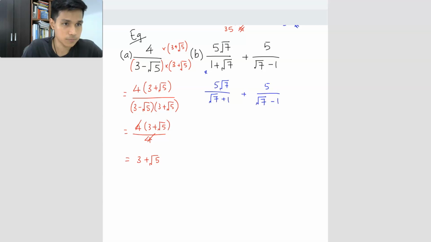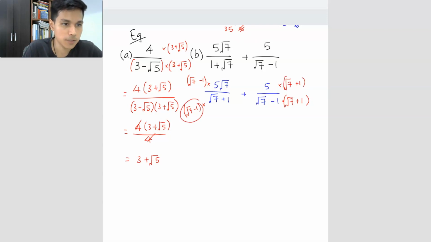So what you can do is multiply this side by surd 7 minus 1, and here also times surd 7 minus 1. Here you have to do what? Plus, surd 7 plus 1, because here is minus. And then here you have to do the same thing, surd 7 plus 1.